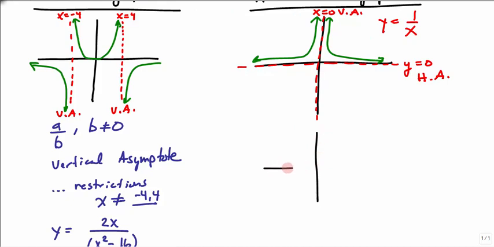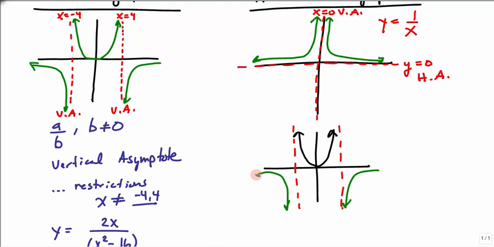The graph that I just drew over here on the left to show my vertical asymptote also has a horizontal asymptote. So let's go ahead and sketch that graph in again real quick. So you can see that this graph is getting closer and closer to the x-axis right here, going toward positive infinity, and over here toward negative infinity. This is my vertical asymptote, horizontal asymptote at y equals 0.